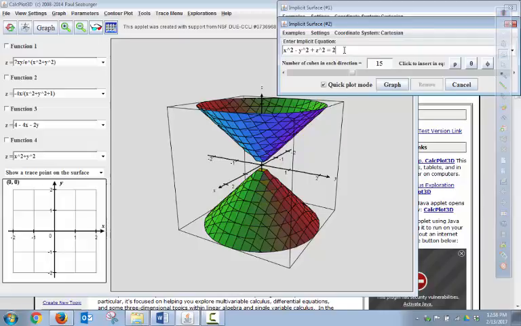So imagine this thing opening towards the top and the bottom, but because the y is negative, and the y is the only different one compared to the x's and z's, which way is this going to be opening? Right? So it should be opening along the y-axis, positive and negative y-axis.